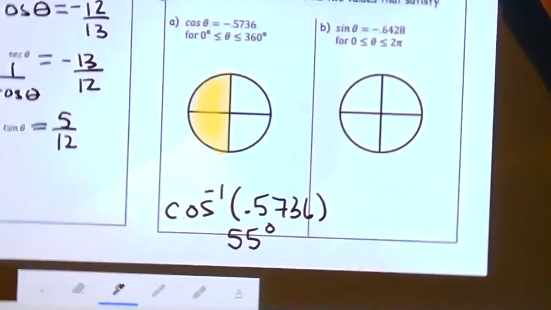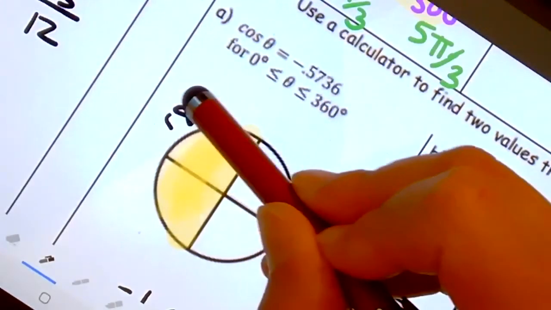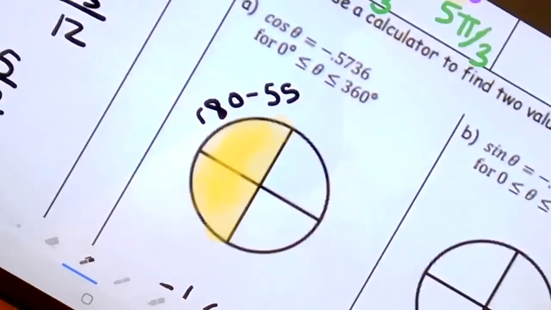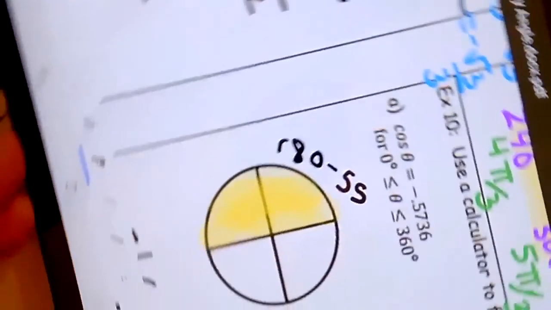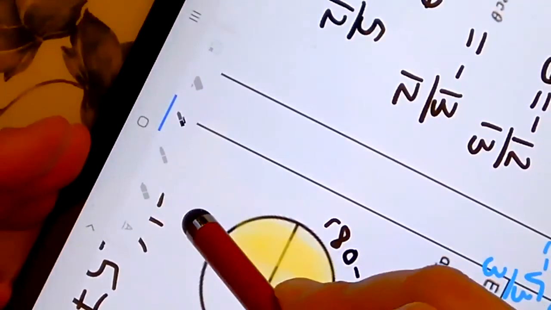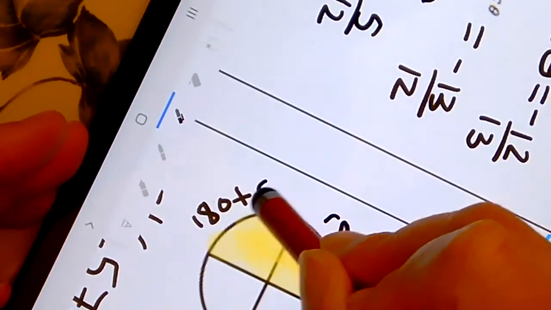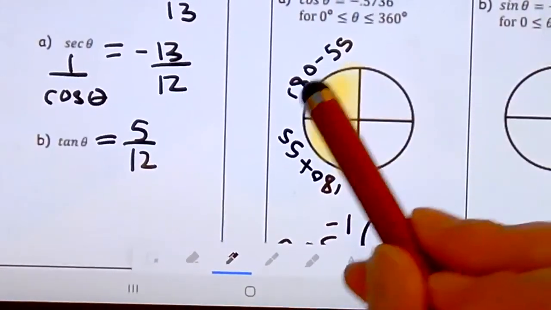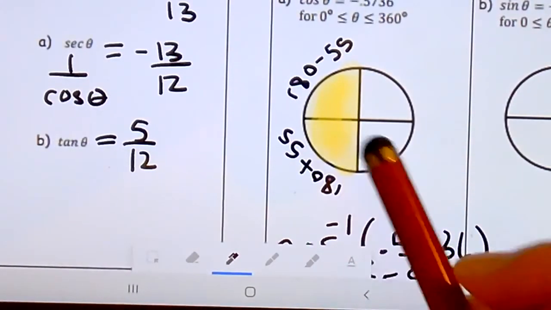I'm going to take 180 minus 55 to get this answer. And for this one down here, this is going to be 180 plus 55, okay? So again, it was about 55 degrees. So the one here is going to be 180 minus 55, and this one's going to be 180 plus 55.